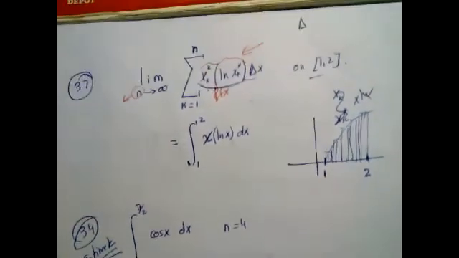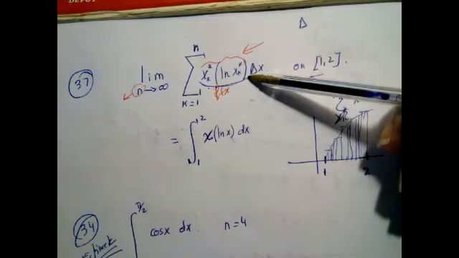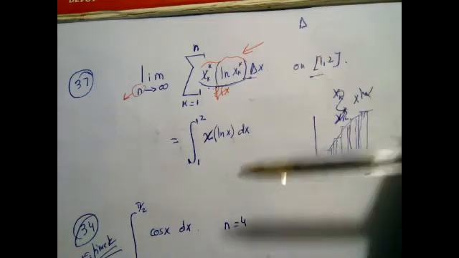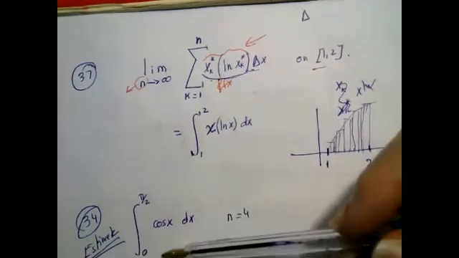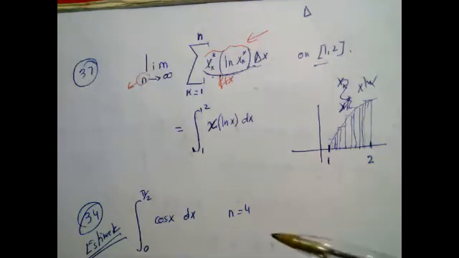Remember, the integral is nothing more than those Riemann sums when the number of subdivisions goes to infinity, I mean, gets larger and larger. So here they want us to estimate this integral, but with only 4 subdivisions.